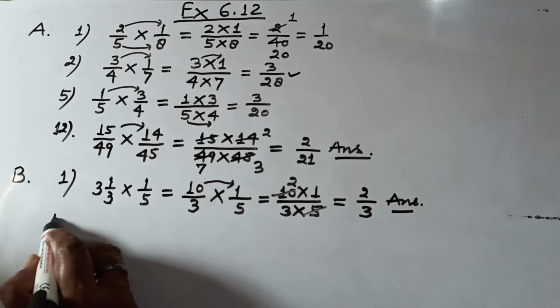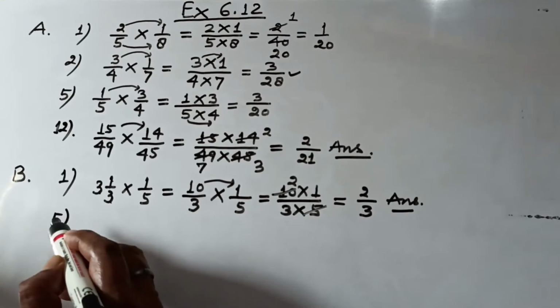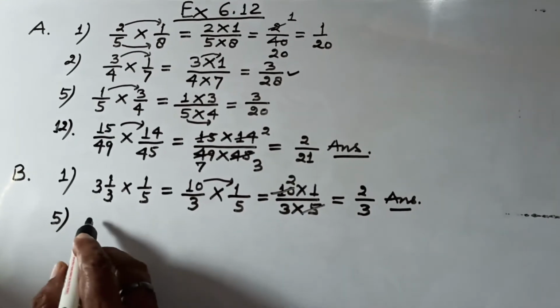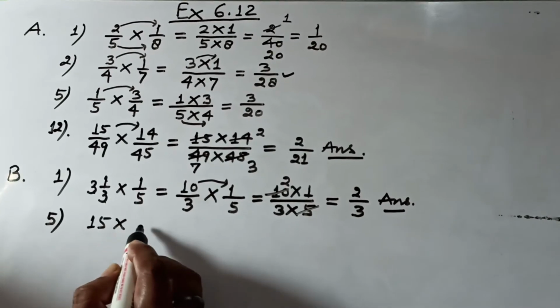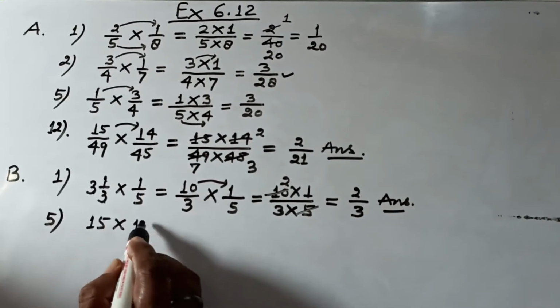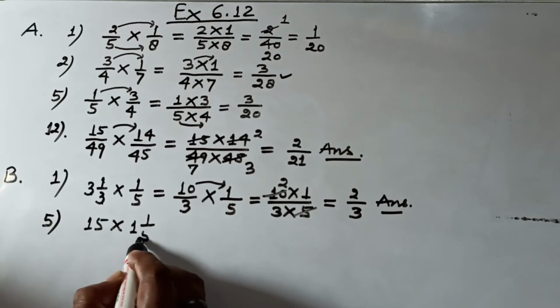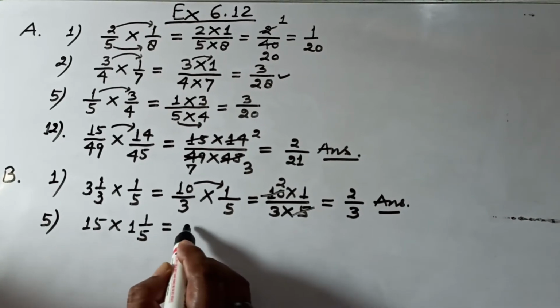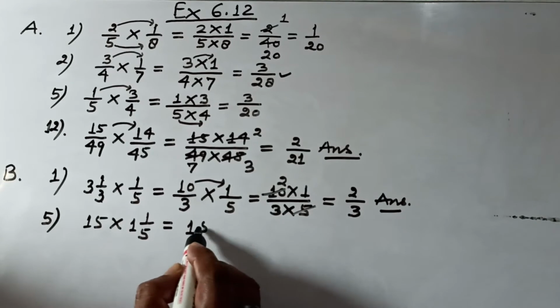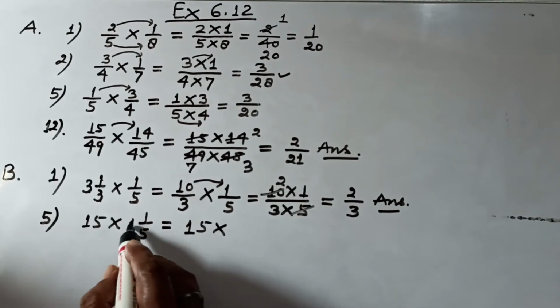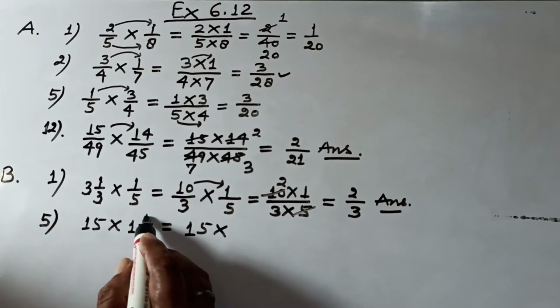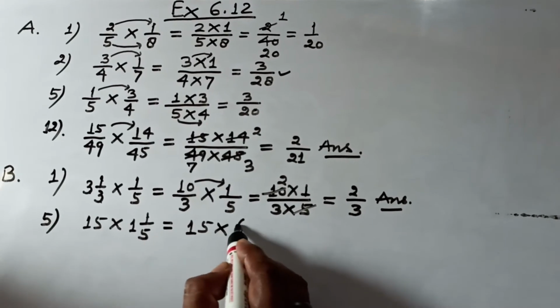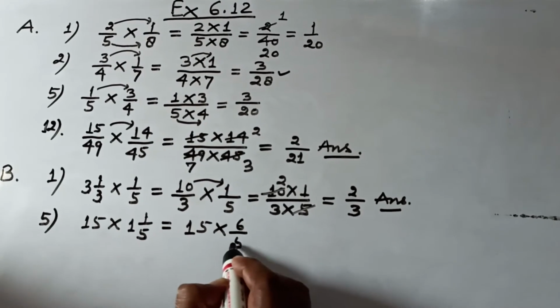Now fifth part. Other parts you try. Fifth part, 15 multiplied by 1 whole 1 by 5. So 1 whole 1 upon 5 means 5 1s are 5 plus 1, 6 upon 5.